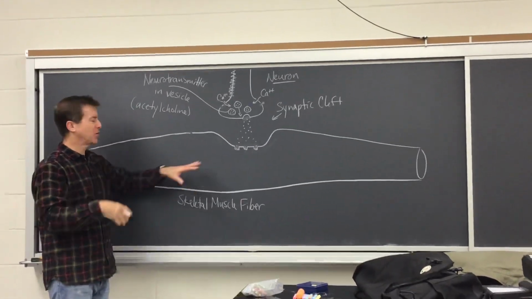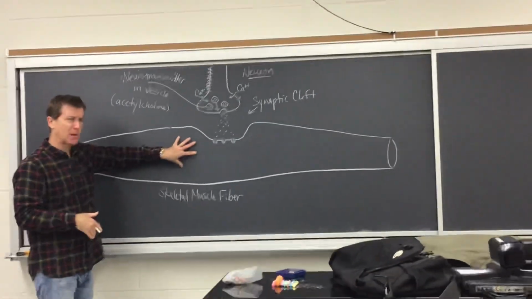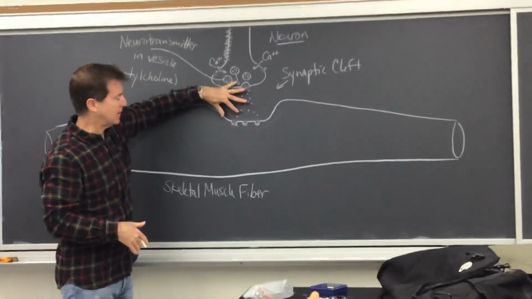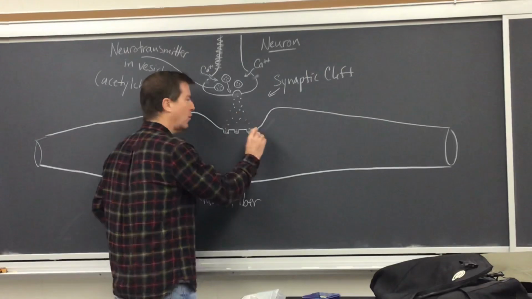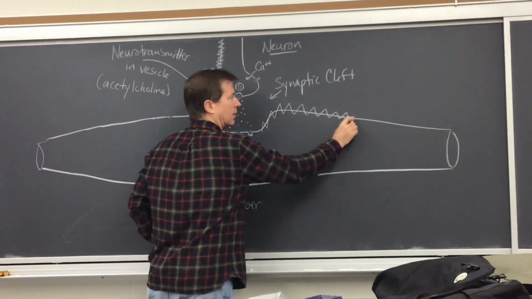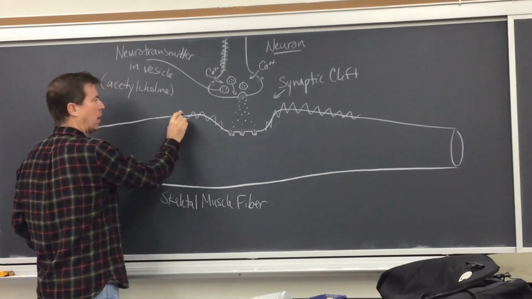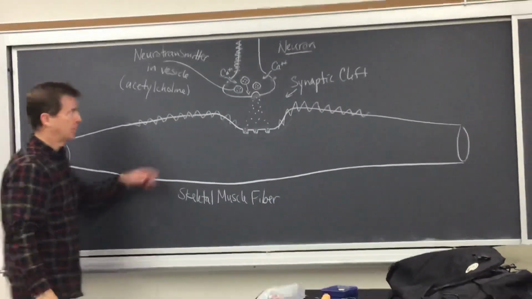That causes a whole series of events, a chain reaction, to occur now in this skeletal muscle. So we've got electrical stimulus, chemical release, binding of the chemical acetylcholine. That causes an electrical stimulus to occur, an action potential along the sarcolemma, or membrane, of the muscle fiber.